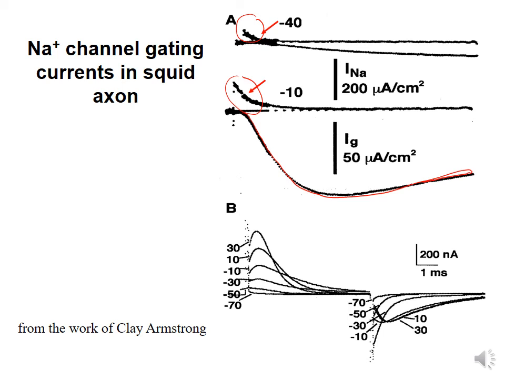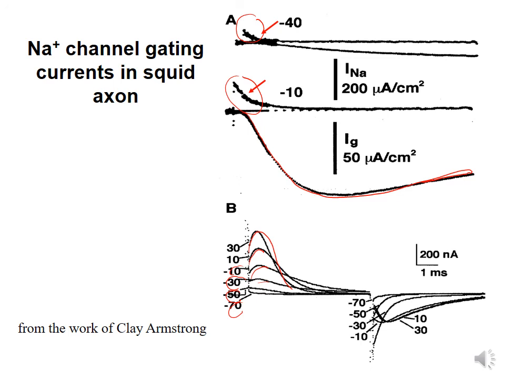And here is an example of a family of gating currents from when the cell is depolarized to -70, to -50, -30, -10, and so on. Okay, and this would represent the movement of charges of this voltage sensing domain of these channels when the cell is depolarized.